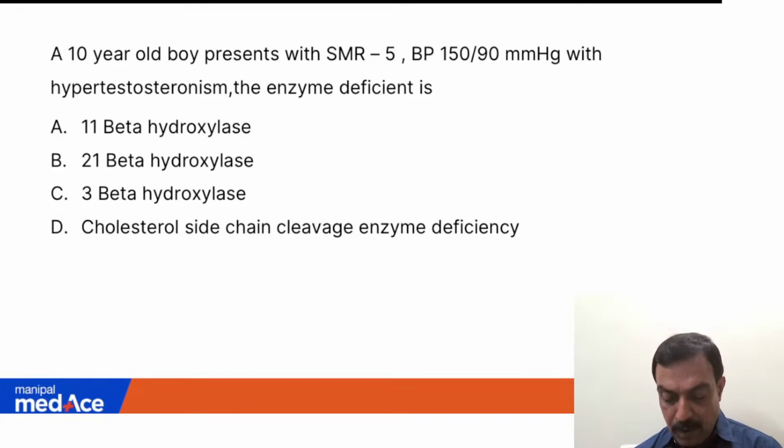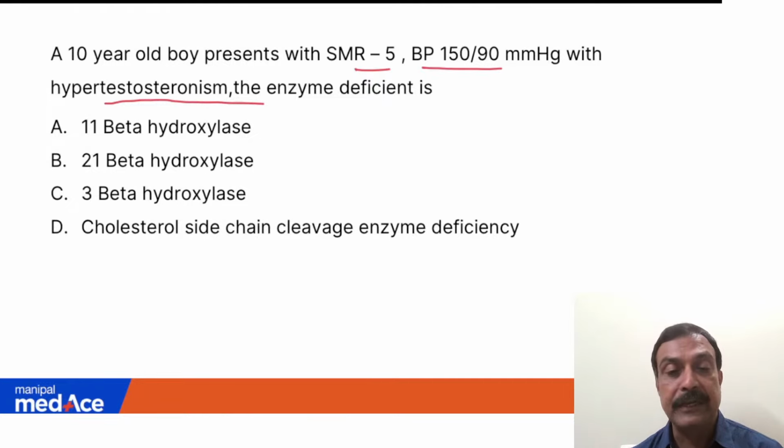A 10-year-old boy presents with SMR stage 5, which means that gonadal development or sexual maturity has advanced. He has a blood pressure of 150 by 90 and hypertestosteronism. Which enzyme is deficient here?